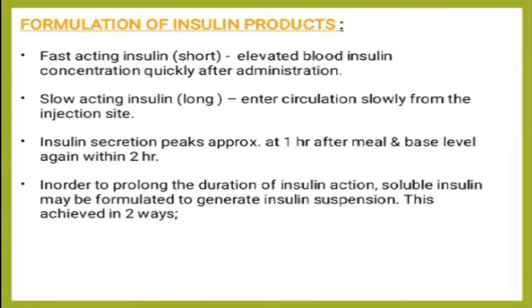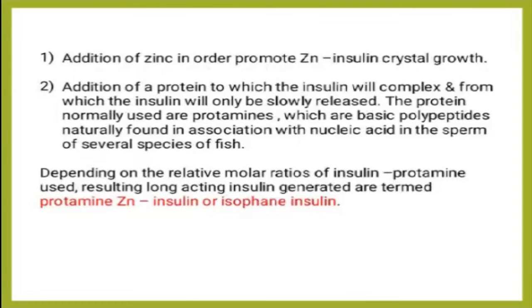In order to prolong the duration of insulin action, soluble insulin may be formulated to generate an insulin suspension. This can be achieved in two ways. First is addition of zinc in order to promote zinc insulin crystal growth. Second, addition of a protein with which insulin will complex, so that insulin will only be slowly released.